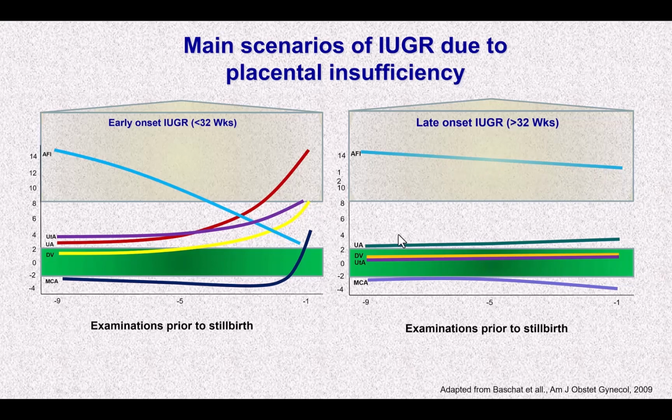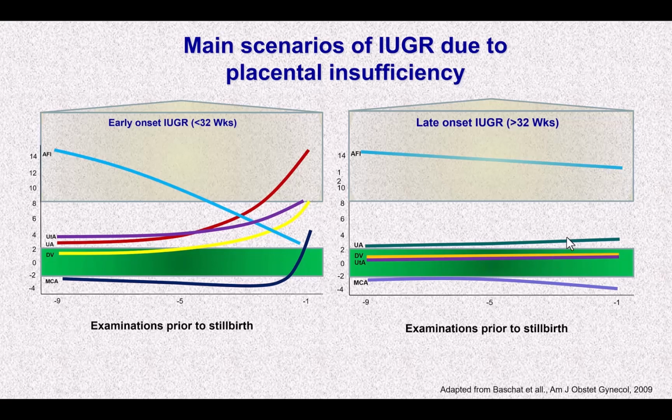We can see that the ductus venosus may be normal, uterine artery is normal, telling us that the placental perfusion is not so altered as in the early onset.